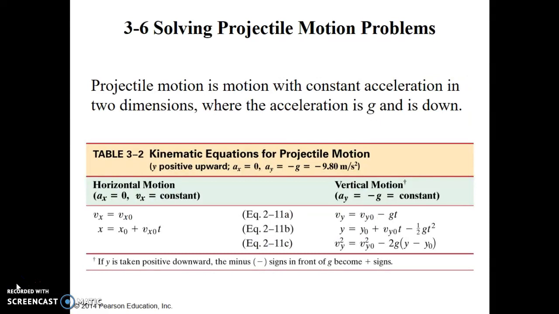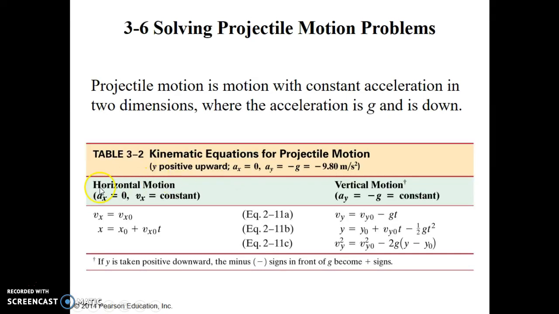Okay, so when we actually do projectile motion, we already decided and saw that there is no acceleration in the x direction. But there is an acceleration in the y direction, which is the acceleration of gravity being downwards, so negative 9.8 meters per second squared.